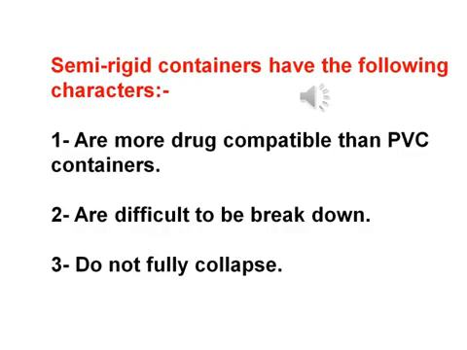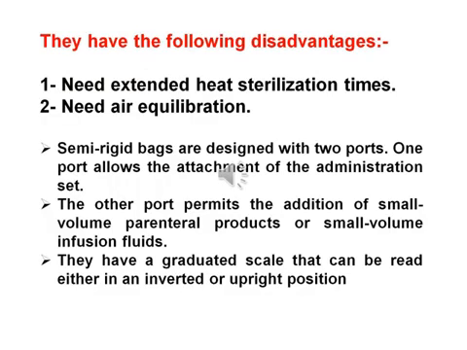Semi-rigid containers have the following characteristics: they are more drug compatible than PVC containers. They are difficult to break down and don't fully collapse. Semi-rigid containers or bags have the following disadvantages: they need extended heat sterilization time and need air equilibration. Semi-rigid bags are designed with two ports.